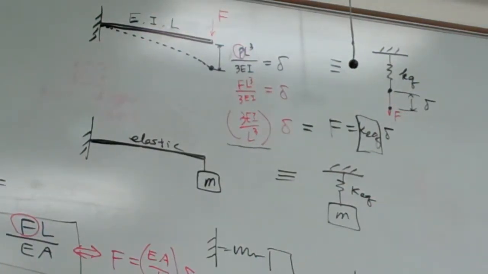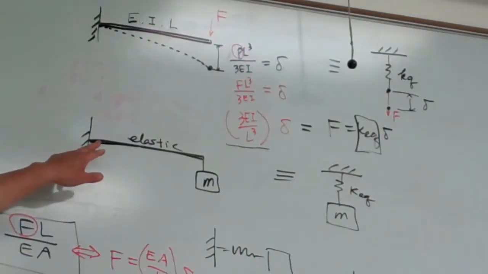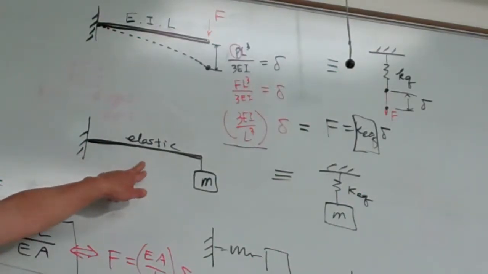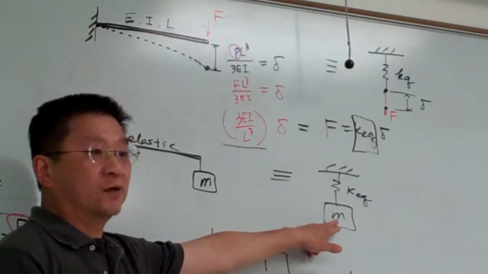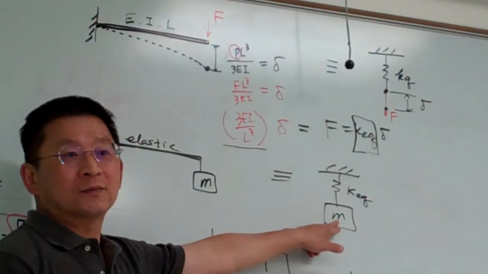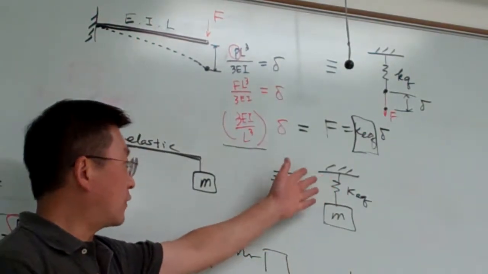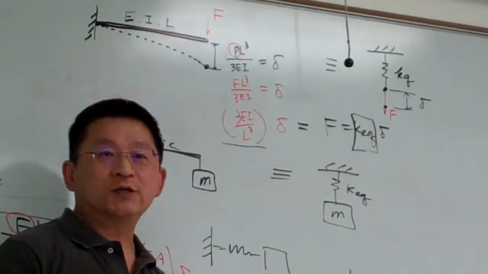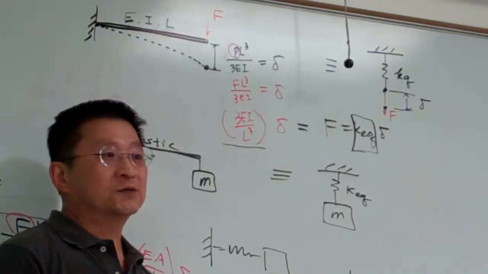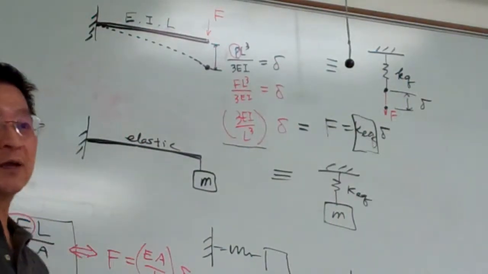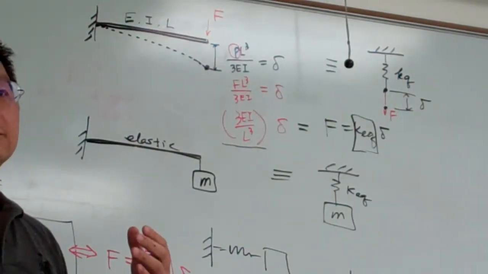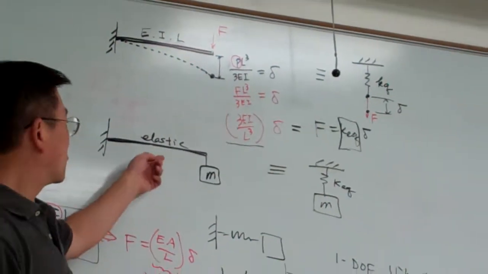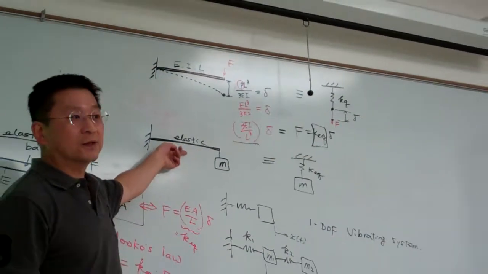Good? So we try to discretize, to approximate this continuum system as a one degree of freedom vibrating system. Under this case, we have a problem statement like this, then we can proceed with the formulation into differential equations and then into the solution. Then we can have the preliminary analysis result for this real system here.